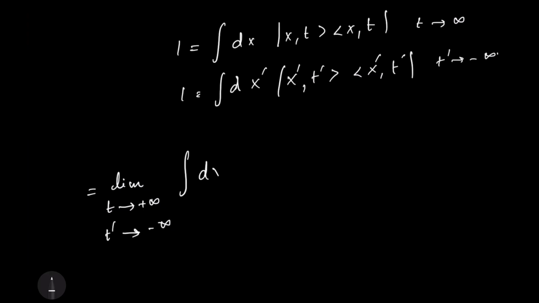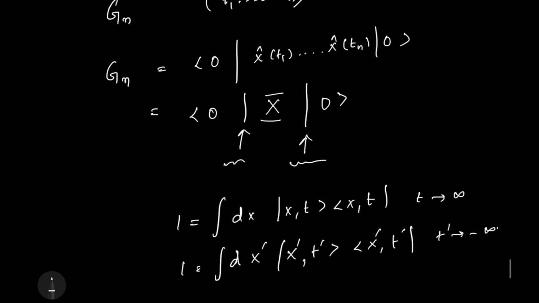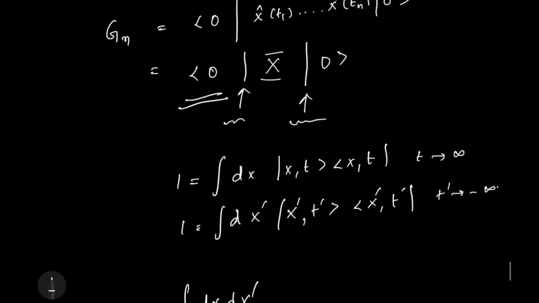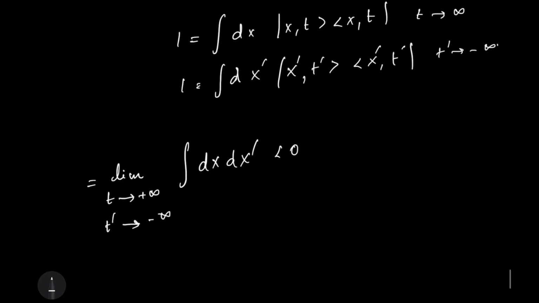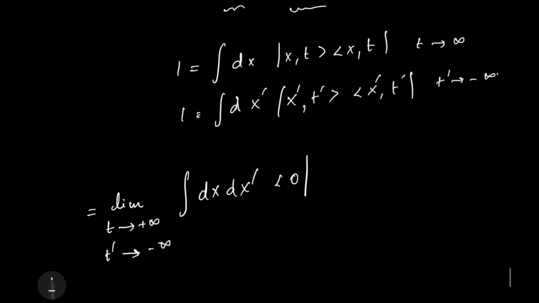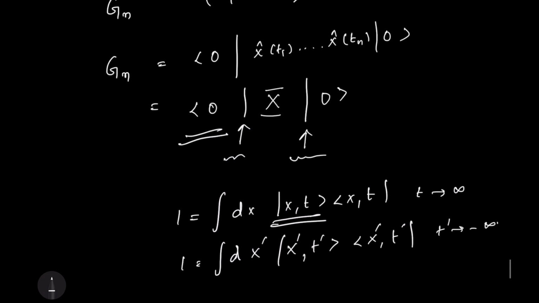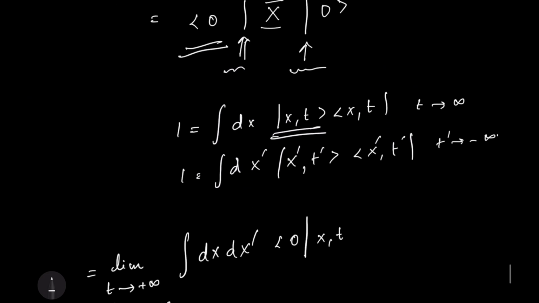Integral dx prime, right? So this vacuum state will be there, and then this x of t will come here because I am inserting here, right?